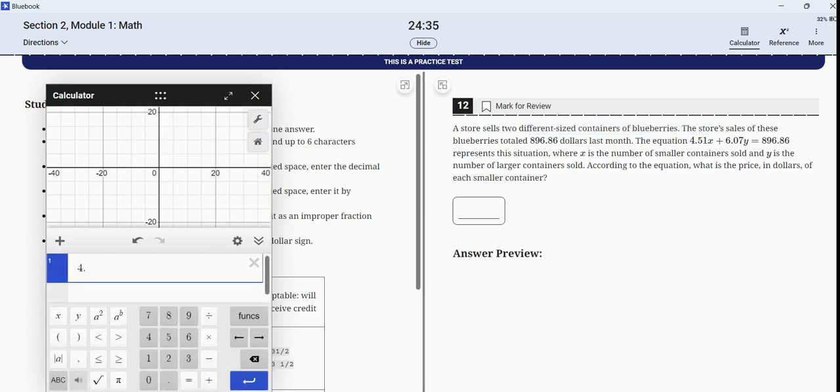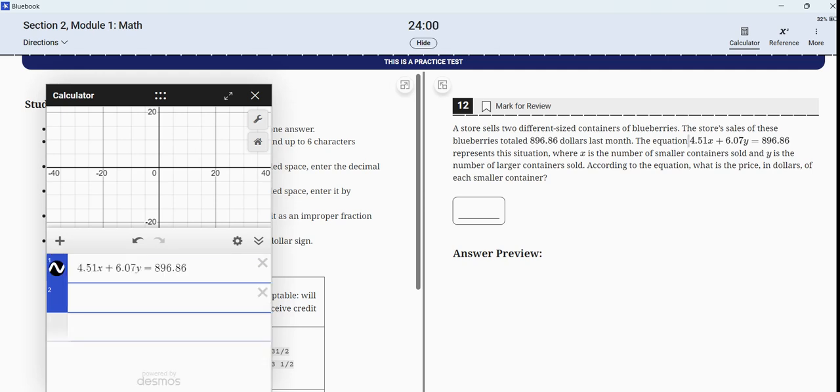This is basically a system of equations question, and the best way to tackle this is by using decimals. So first, let me... oh, sorry, I misread the question.